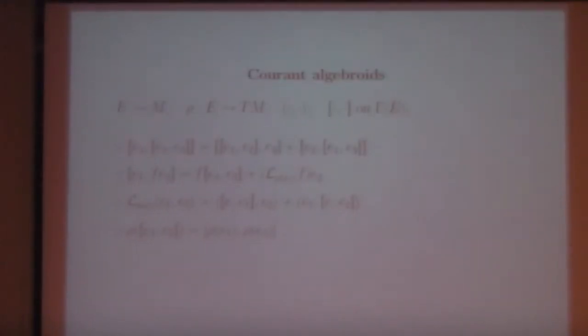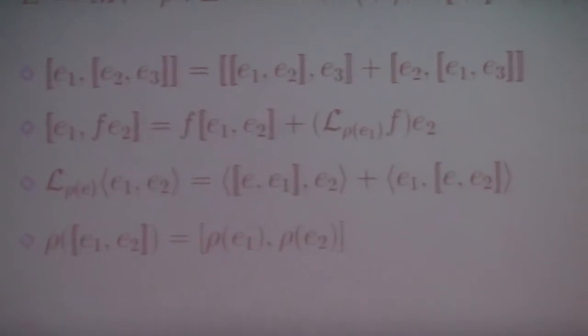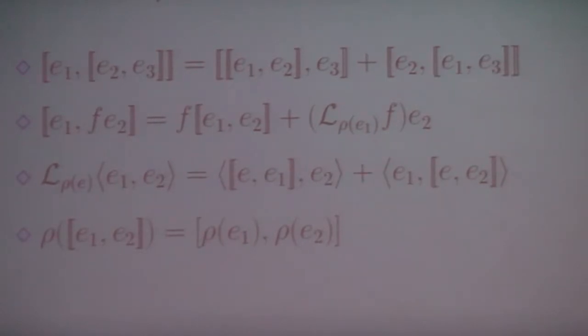So these are some of the axioms, right? So the first axiom looks kind of nice. It's some kind of Jacobi-like identity. The second axiom is a Leibniz condition, which is kind of nice too. The third axiom is a very natural compatibility between the pairing and the bracket, some kind of ad-invariance, if you want.